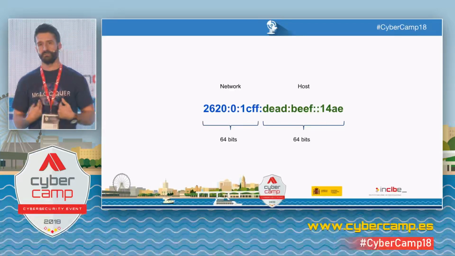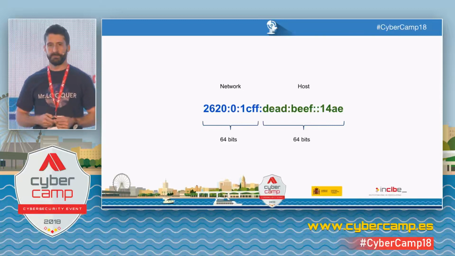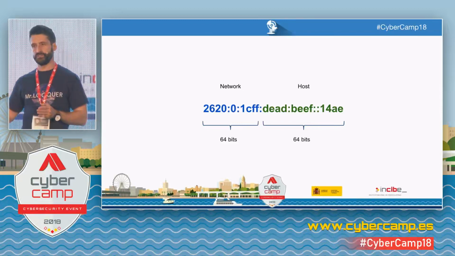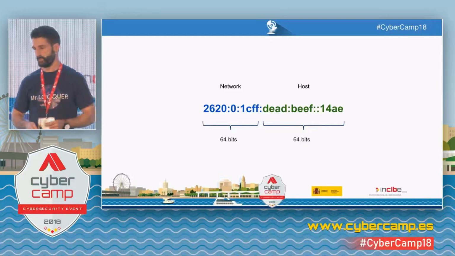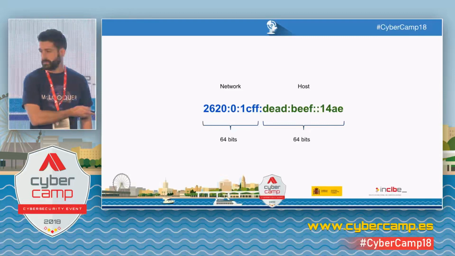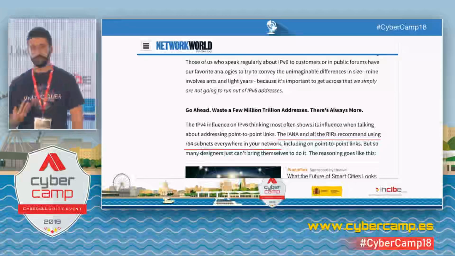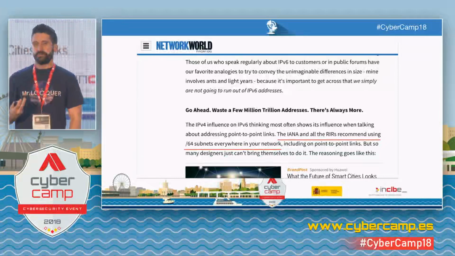So what does that mean? That if I'm given control of a network, the rest of the 64 bits could be redirected as I would like in my network. 64 bits, 2 to the power of 64. How much is that? That is a lot.